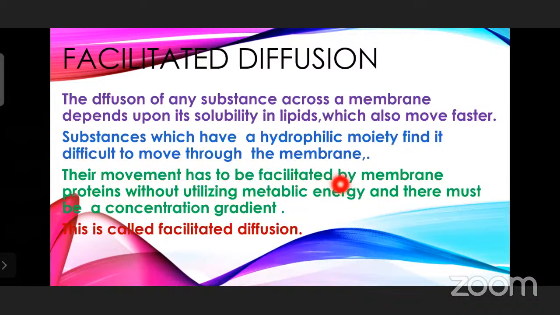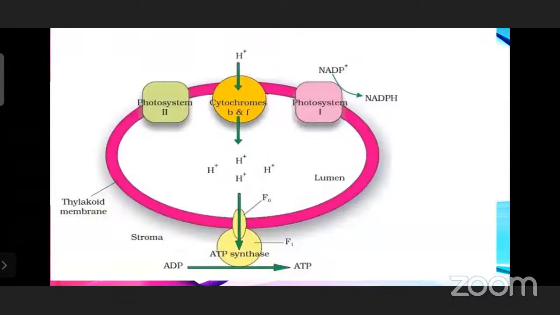Their movement has to be facilitated by membrane proteins, that is the F0, F1 particle, as you have seen already, without utilizing metabolic energy, and there must be a concentration gradient, from higher concentration to lower concentration. This is called facilitated diffusion.